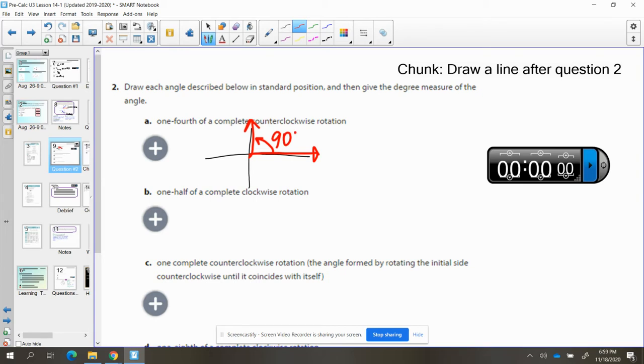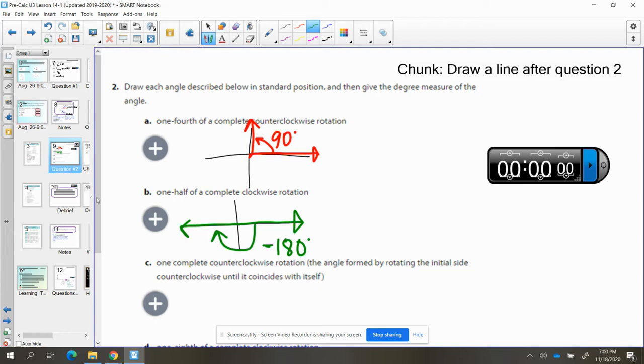Now, a 1/2 complete clockwise rotation would have us starting on the initial ray, and then moving clockwise would be our terminal ray. Going in that clockwise direction is going to lead us to have a negative angle measure. This would be measured at negative 180 degrees.